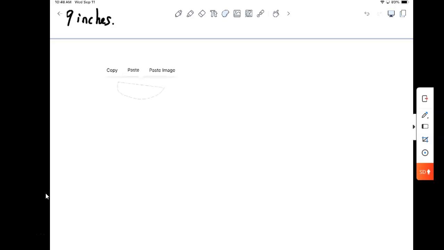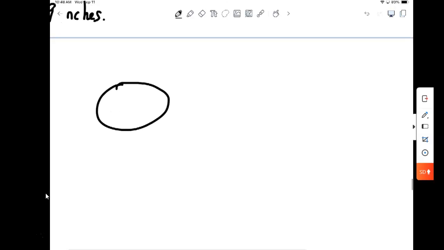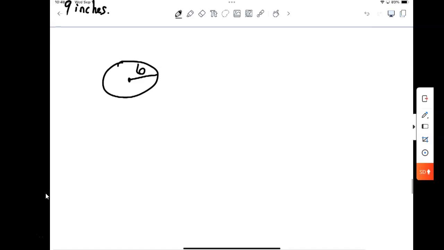So we have a circle here with a radius of 6, and we're forming a cone from that.